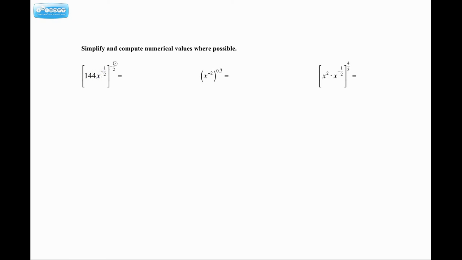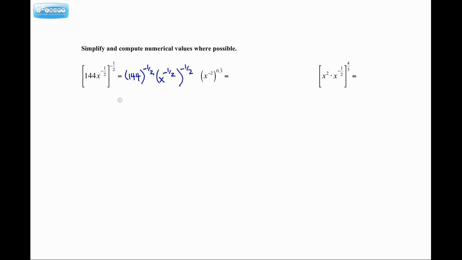But this exponent here, being outside the brackets, affects everything. So I'm going to apply this outside exponent to everything on the inside. So that's going to give me 144 to the power of negative 1/2 times, and this is x to the minus 1/2 still, but that is then being raised to the negative 1/2.